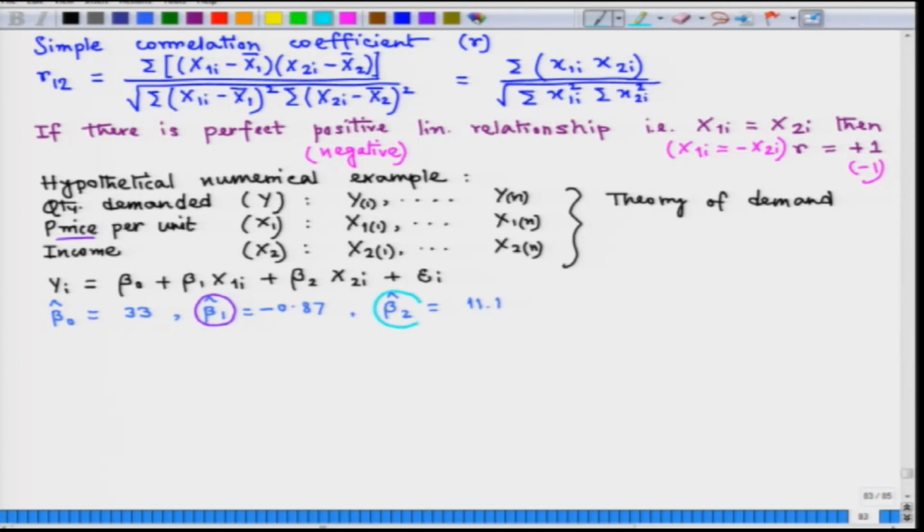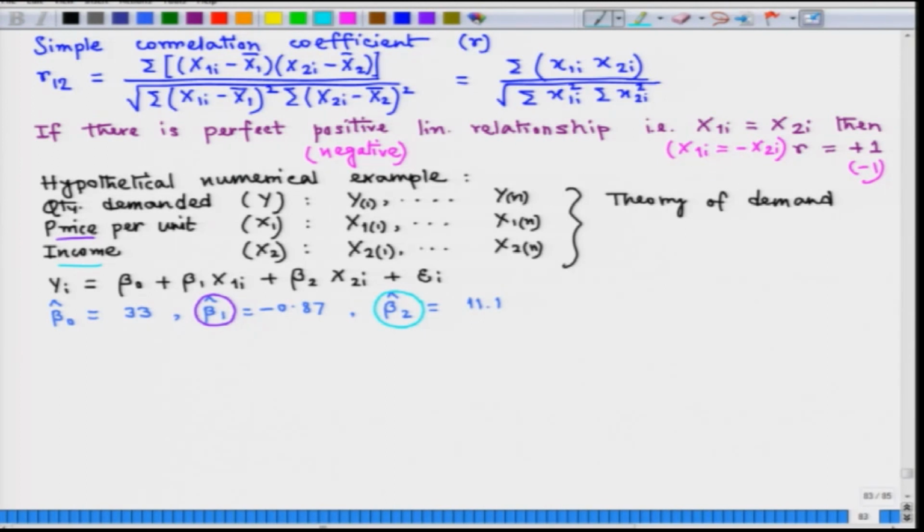Now, let us look at the other partial regression coefficient beta 2 hat. So, what does that mean? It says that if the price of the commodity does not change, and if the income of the consumer changes by 1 unit, then what will be the impact on y. So, by how much the quantity demanded will change.